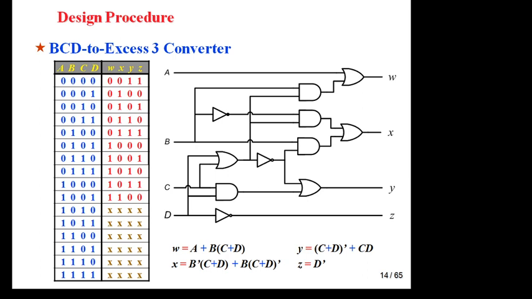Outputs mean W, X, Y, Z, which are functions of inputs. Inputs are A, B, C, D. After solving by using K-map or Boolean algebra, you have to draw the final circuit with the help of suitable logic gates. In this way you can design any combinational circuit.